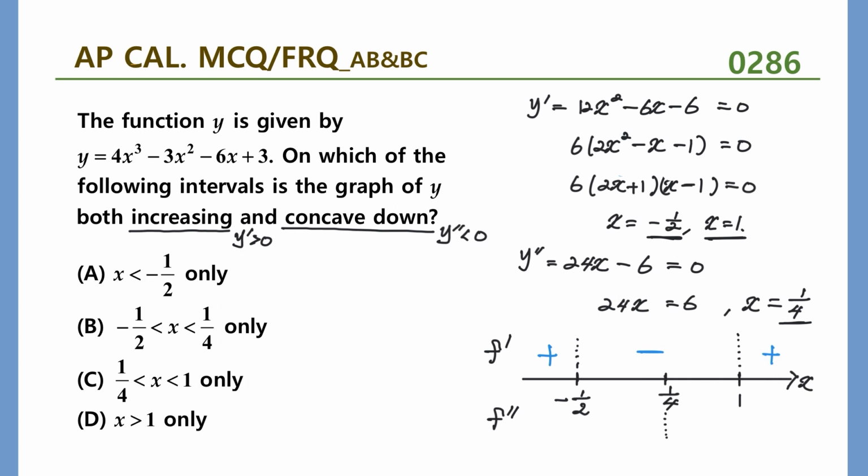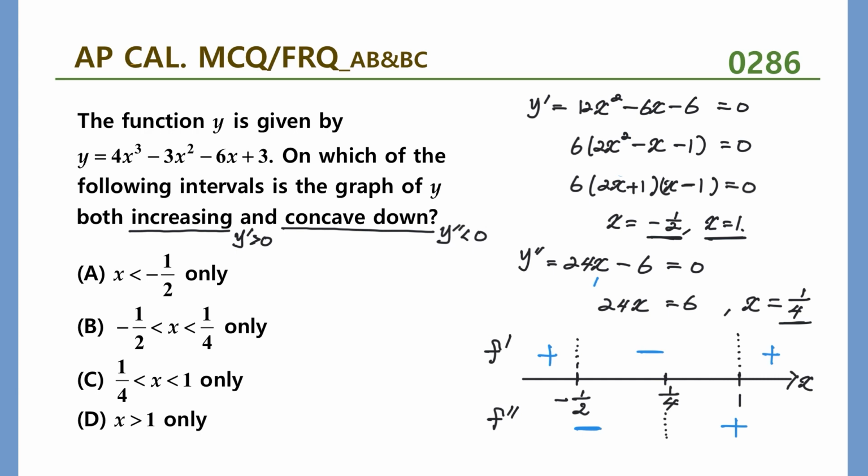We're going to substitute any value less than 1/4. I guess 0. So we substitute 0 into the second derivative. Then the second derivative is -6, negative here, right? If we substitute 1, then 24 minus 6 is going to be positive here, right? So we're done here.